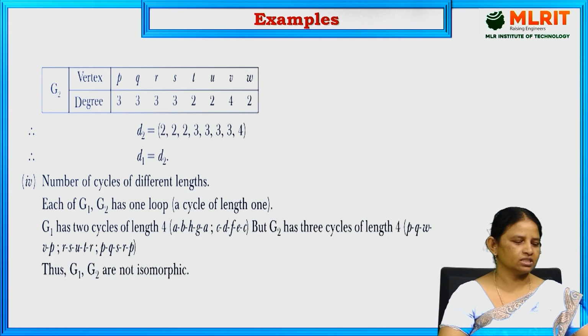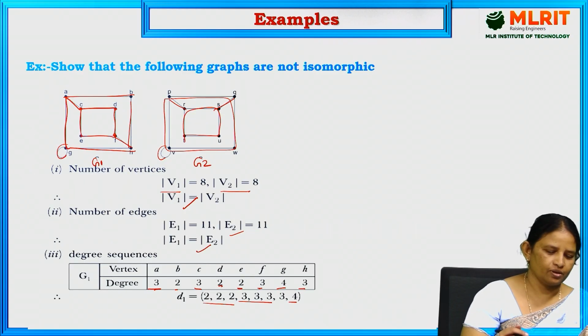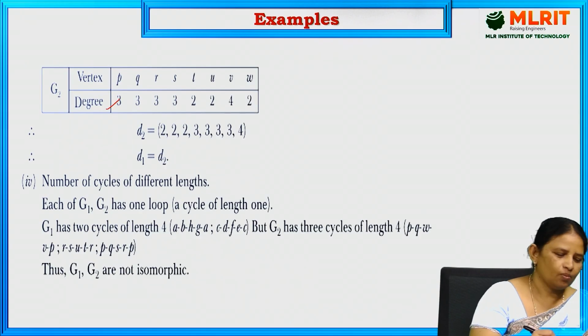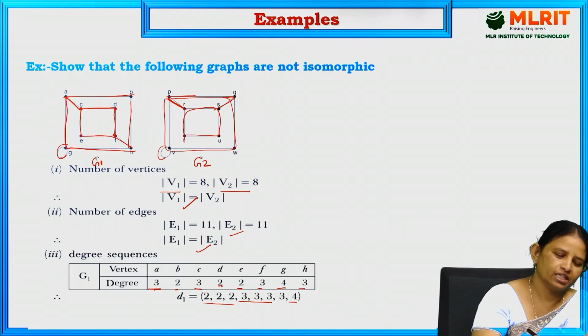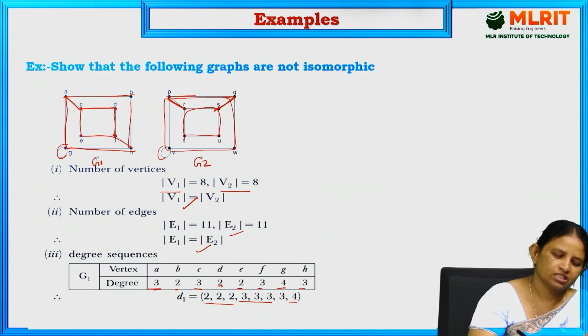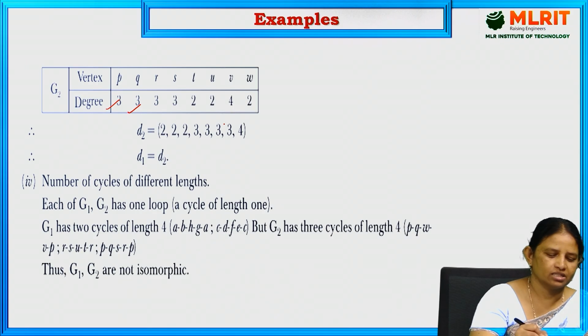Then what is the degree sequence of the second graph? P is connected to how many vertices? 1, 2, 3. How many vertices for Q? Q is connected to 3. Q is also 3. R is 3. S is also 3.